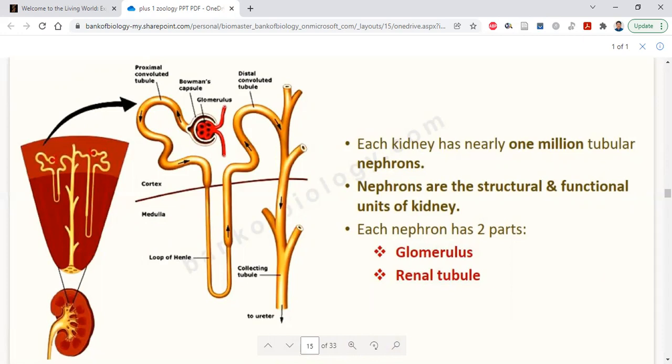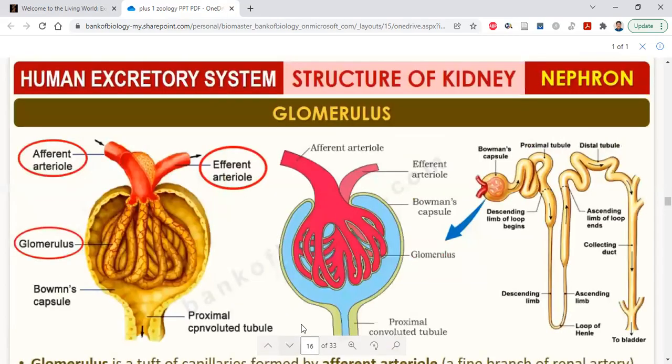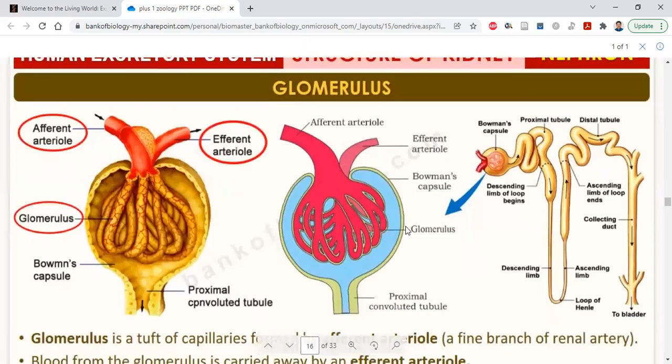And cortical nephrons have a relatively short loop of Henle, but juxtamedullary nephrons have a longer loop of Henle. Also, they usually contain vasa recta.